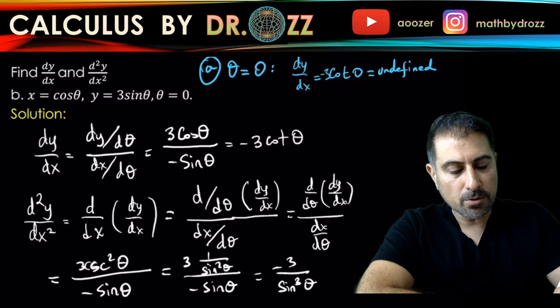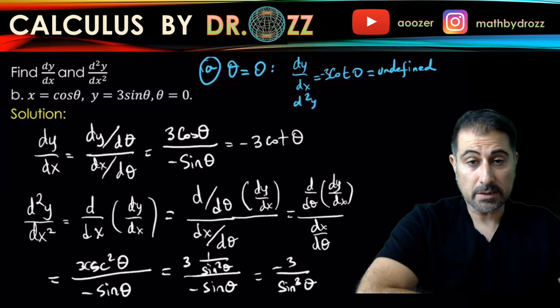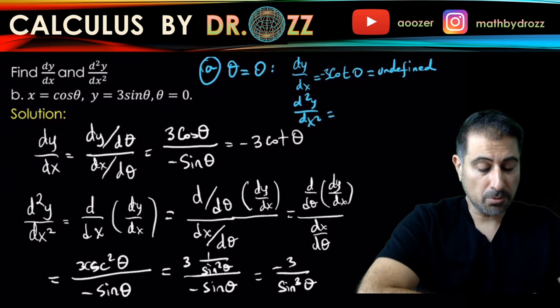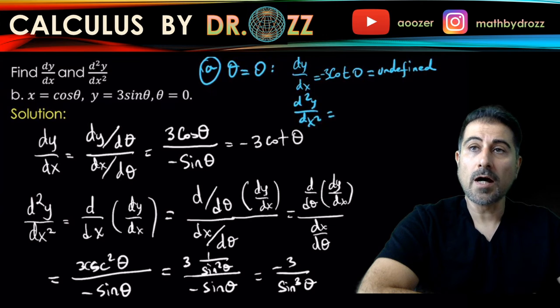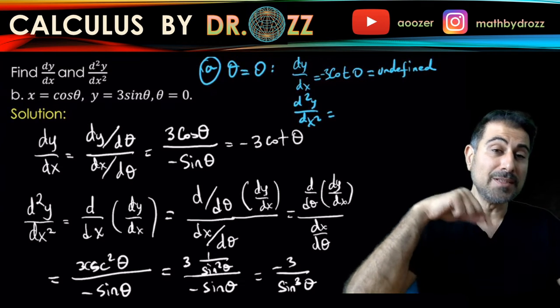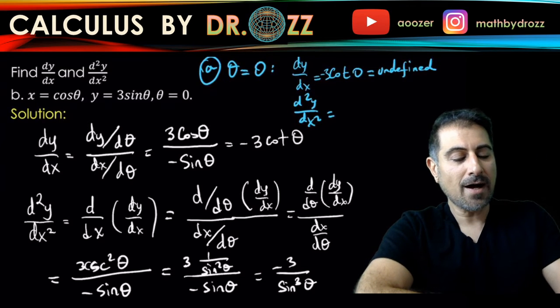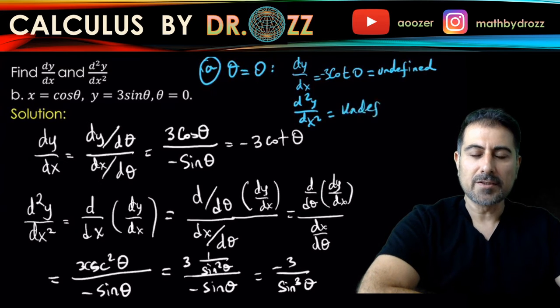And for d squared y over dx squared, which talks about the concavity at theta equals 0, we still have negative 3 over sine cubed 0, and sine cubed 0 is 0. So for that reason, we still have undefined concavity. So now think about it.